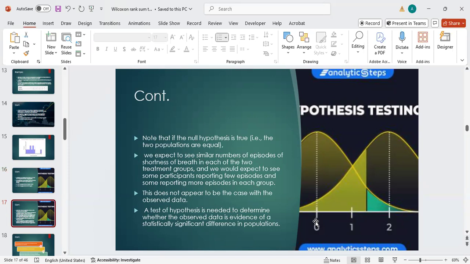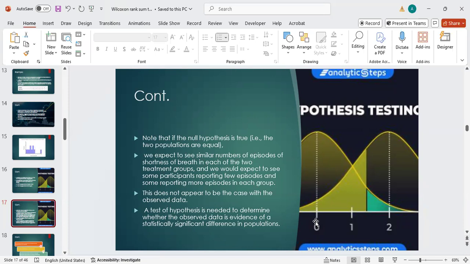And we should expect to see some participants reporting few episodes and some reporting more episodes in each group. This does not appear to be the case with the observed data.